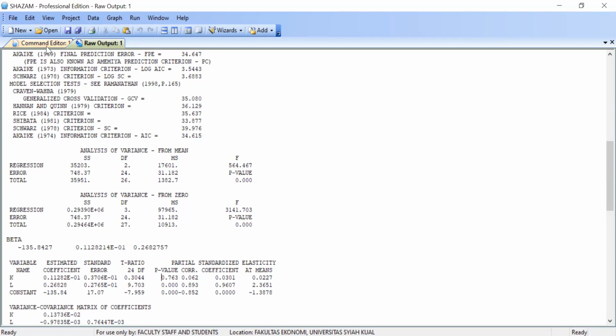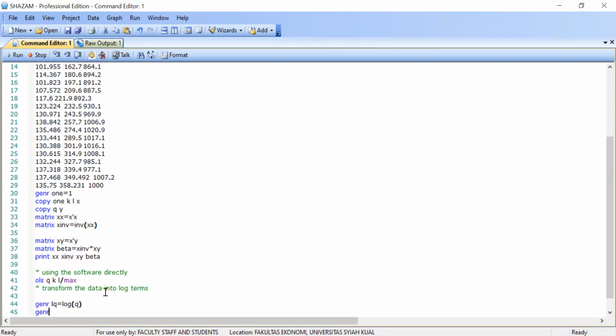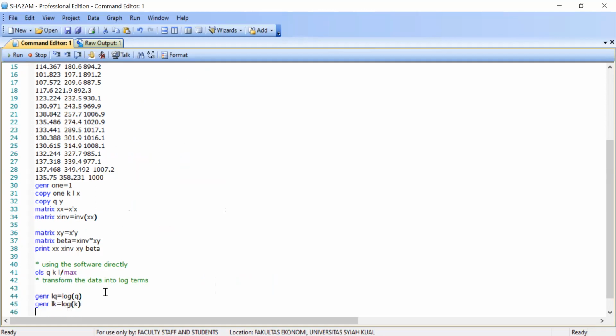For example, if you want to estimate in logarithm, we transform the data into log terms. LQ is equal to log Q. Then LK is log K, it's a capital.